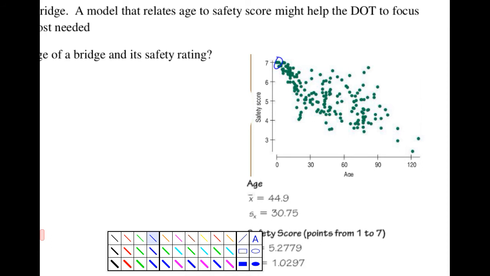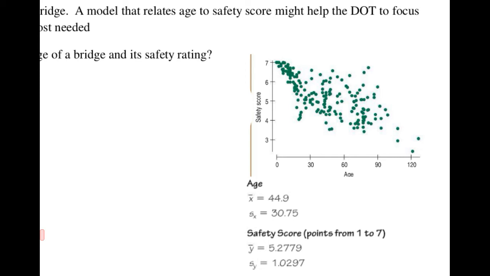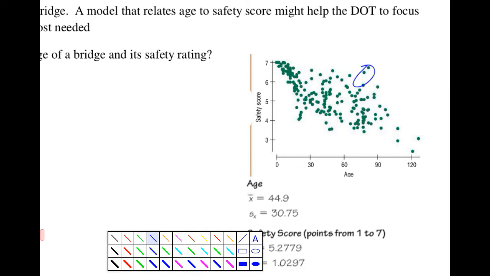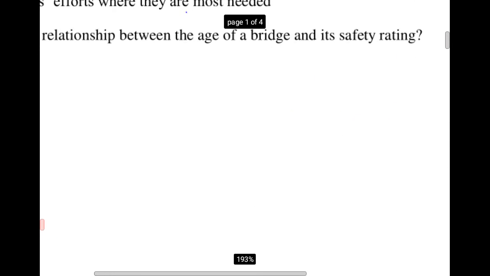At an age of 120 years, it looks like we have really low scores. So that's where we're going to begin. It also looks like, so it's a negative relationship, it looks pretty linear. The points are maybe a little bit spread out, kind of in the middle, but it's still pretty strong. I mean, for real data, that's going to be pretty strong. So let's go ahead and write that up.